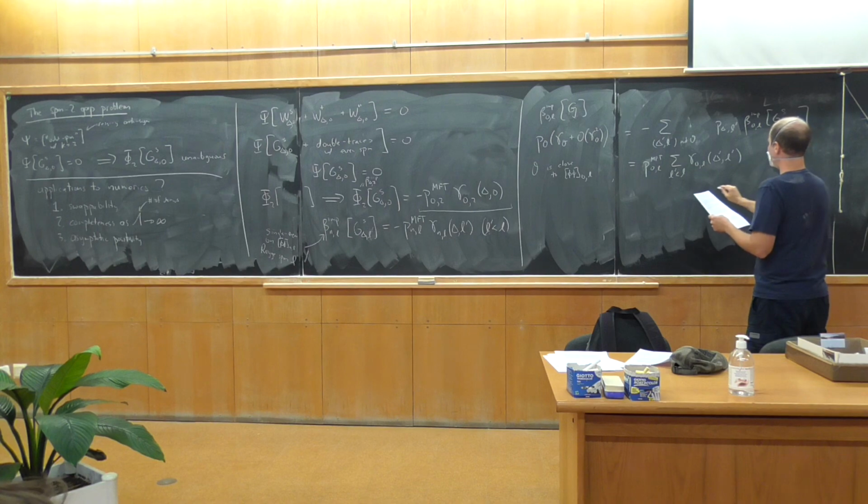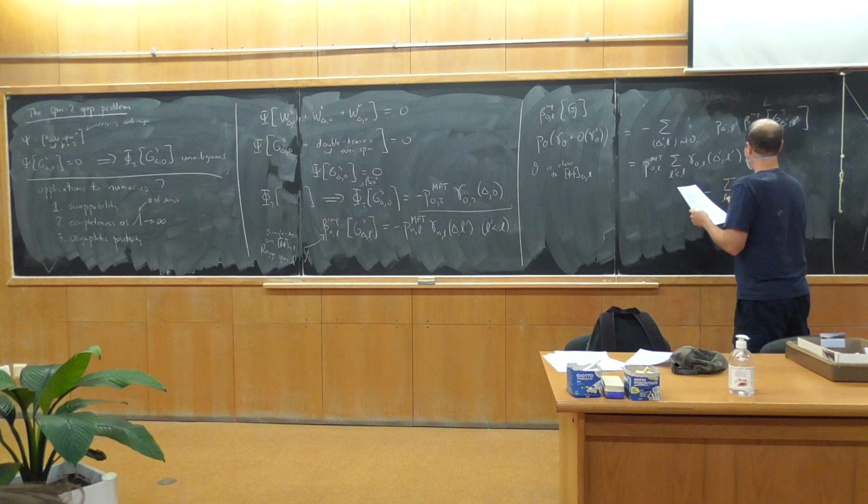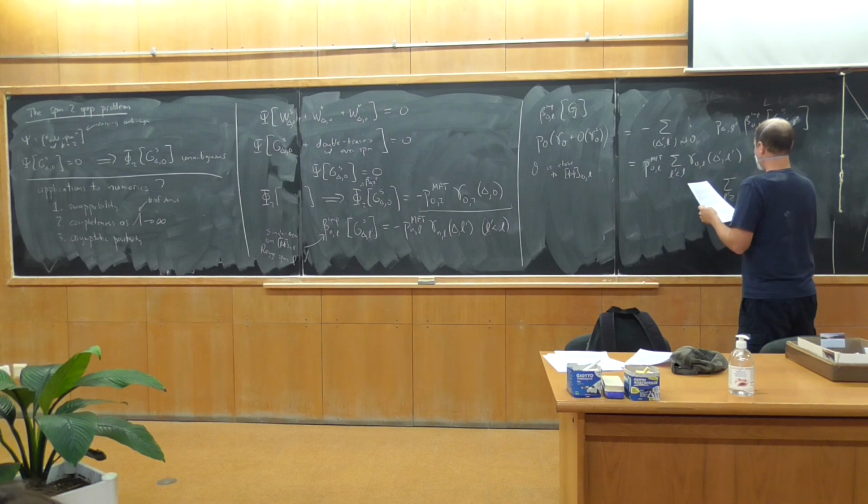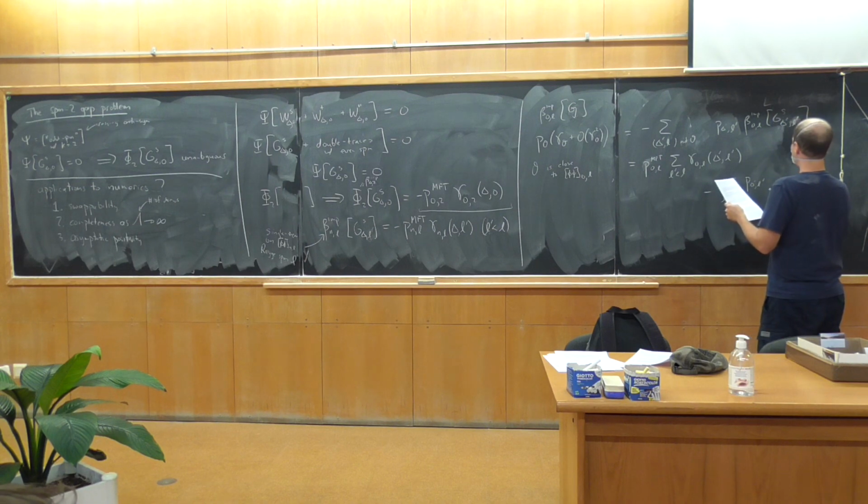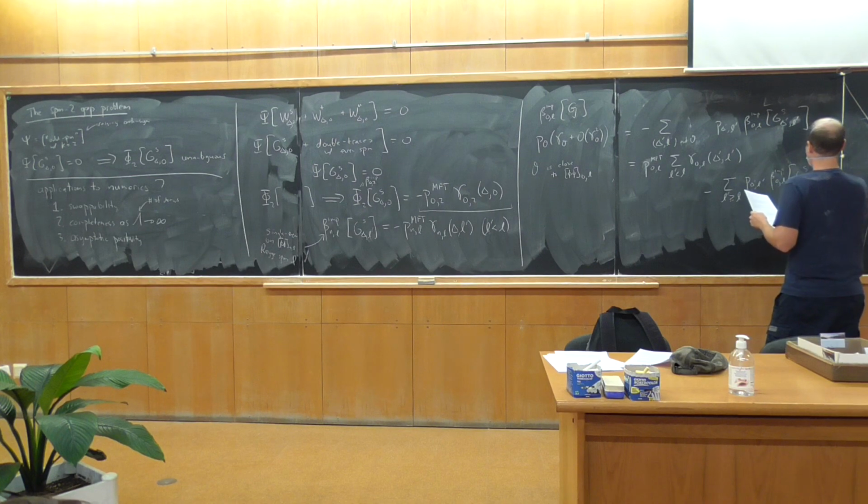And then minus everything else, L prime bigger than L, P delta prime L prime beta m 0L GS delta prime L.